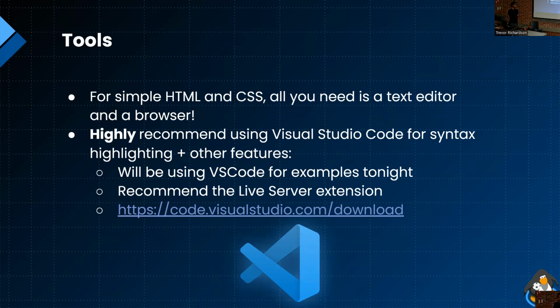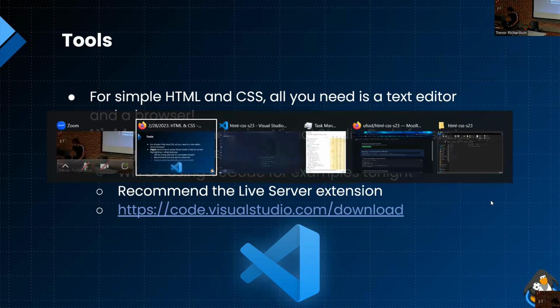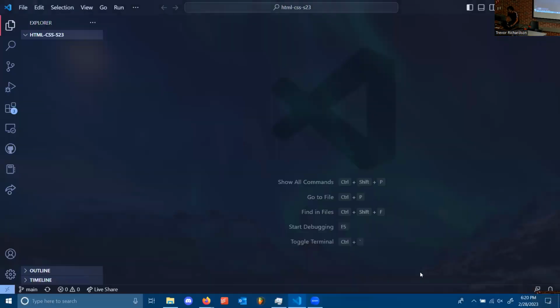And I'm actually going to show you how to get live server right now. Basically, what that does is it automatically reloads your pages whenever you save it. So that way you don't have to switch tabs and refresh it every single time you make a change. So for those of you who never have installed an extension with VS Code before, I'll show you how to do that right now.